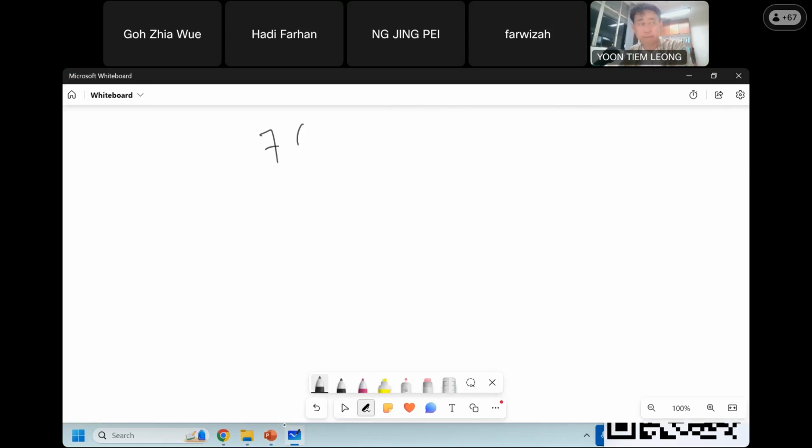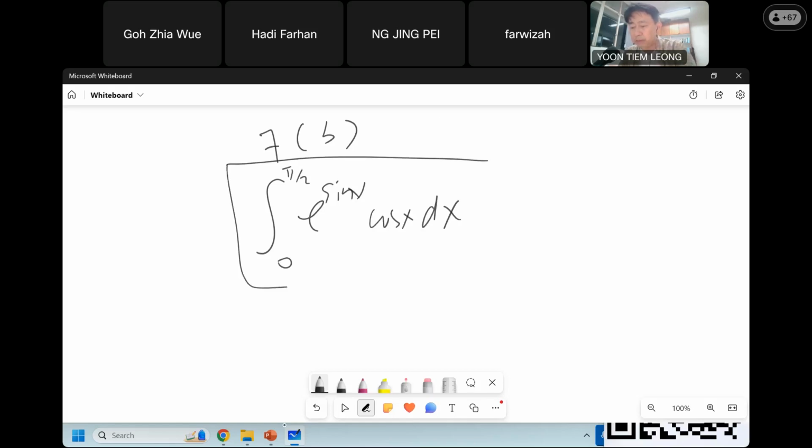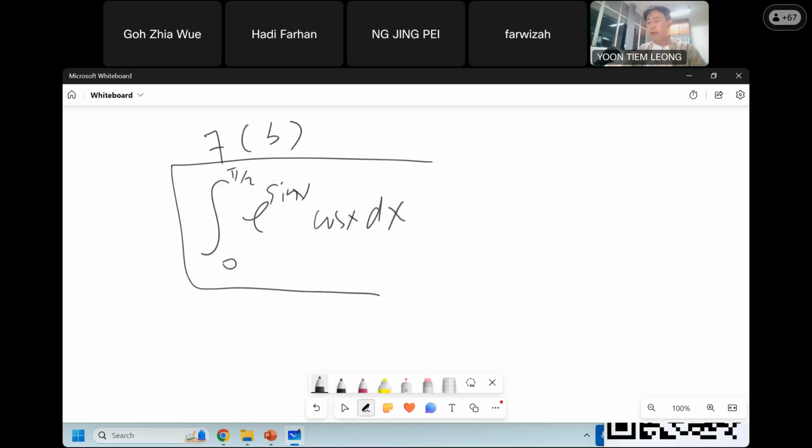Example 7B is the integration of e power of sine x times cos x dx, integrated from x from 0 to pi over 2. So this integration can be easily calculated by using some simple substitution.